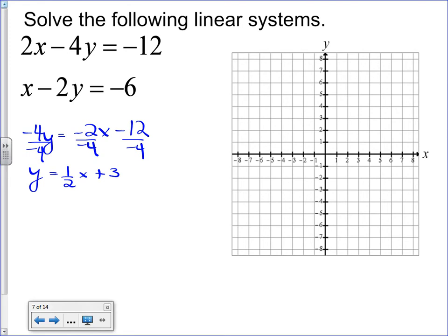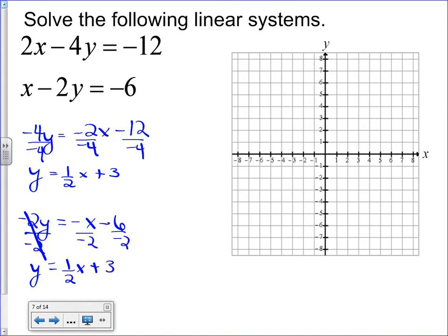What do I get for my next equation when I rearrange that into y equals mx plus b? Joe? Plus 3, right?